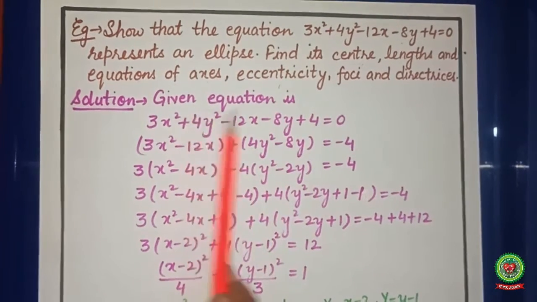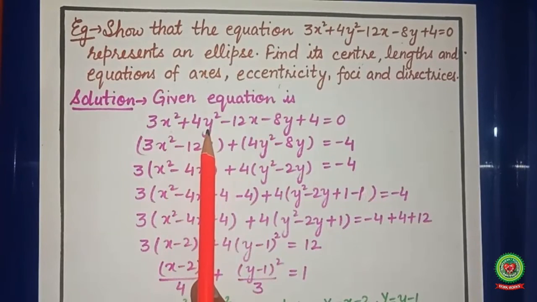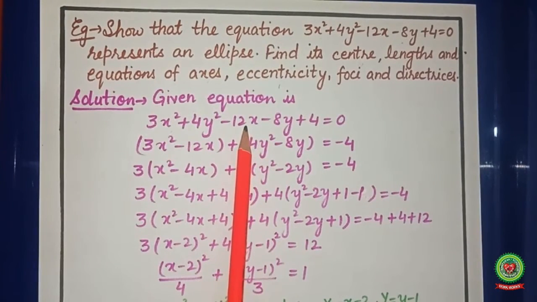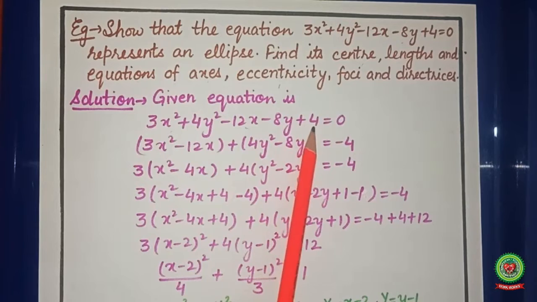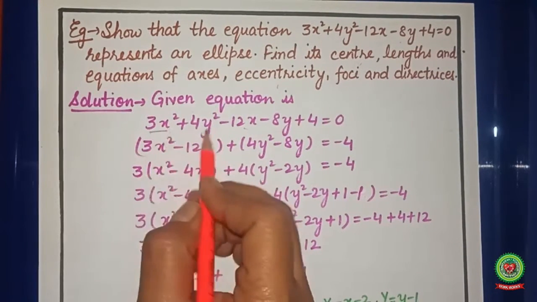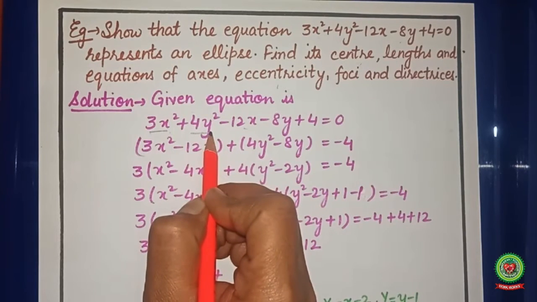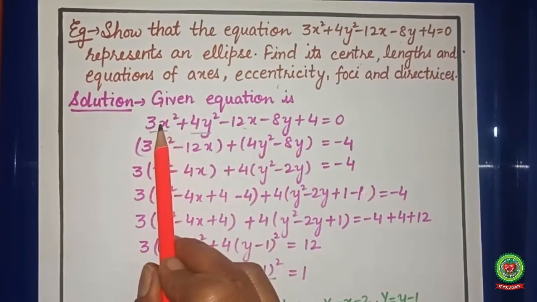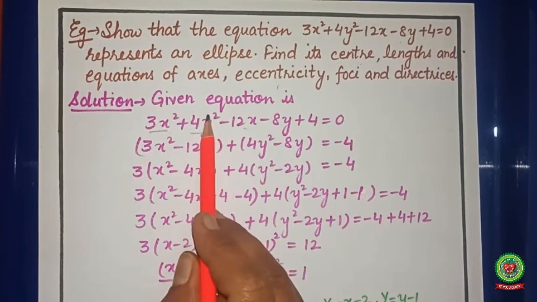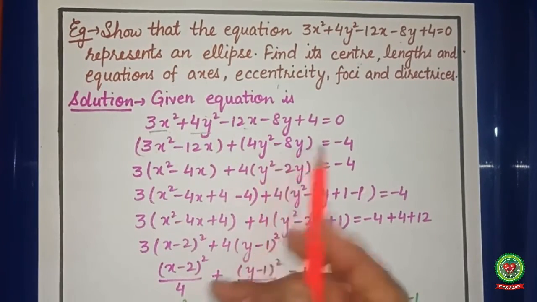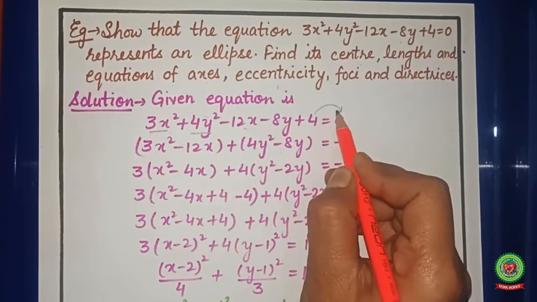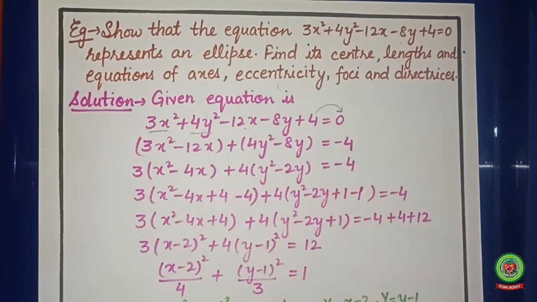Now first of all, the given equation is 3x square plus 4y square minus 12x minus 8y plus 4 is equal to 0. We have a term x square and y square also. So firstly separate the terms containing x and y, then do the perfect squaring method. Here firstly 3x square minus 12x, 4y square minus 8y, and shift the constant term to the other side. So it is minus 4.